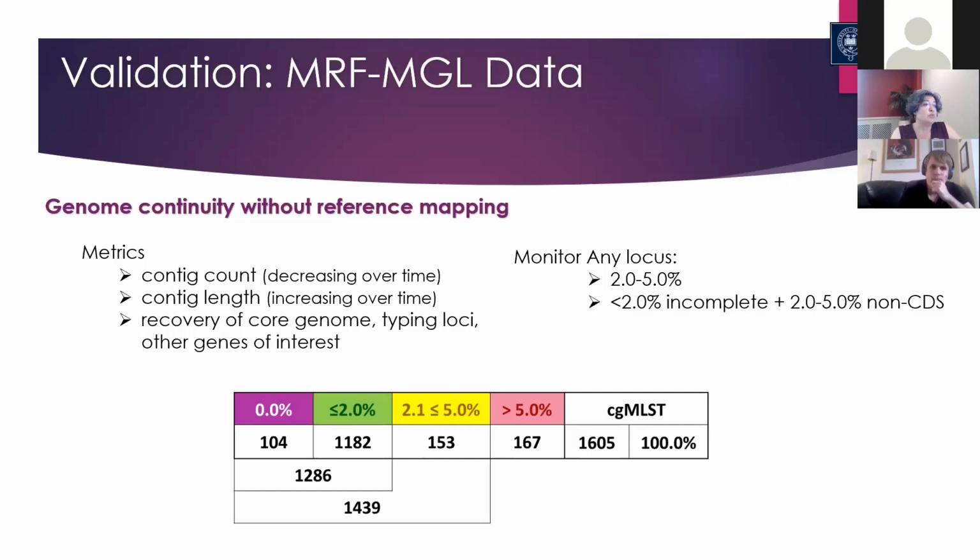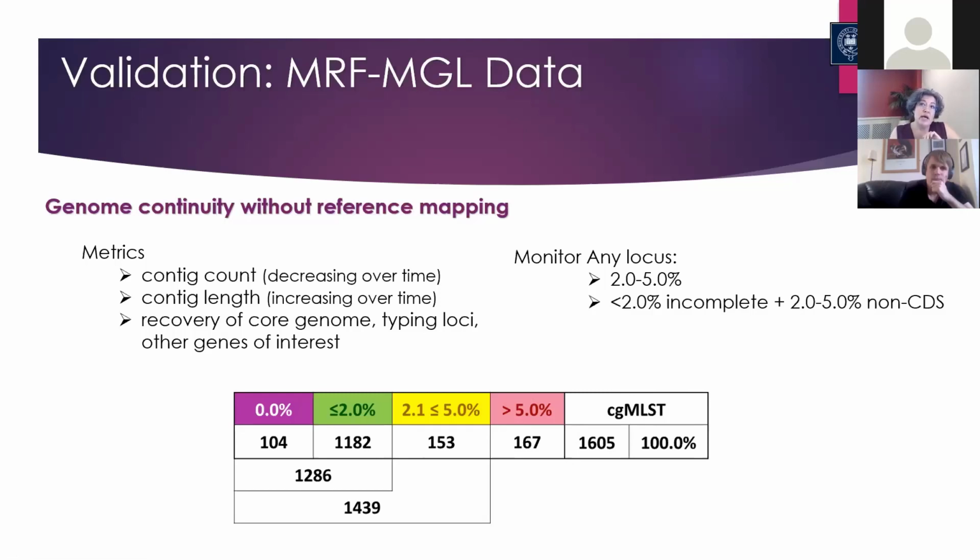Now, the MRF Genome Library has played a critical role in the development of a lot of the schemes we do for typing. And initially, when we set up the core genome library, the core genome MLST, you can see right here, it had 1,600 loci in it.